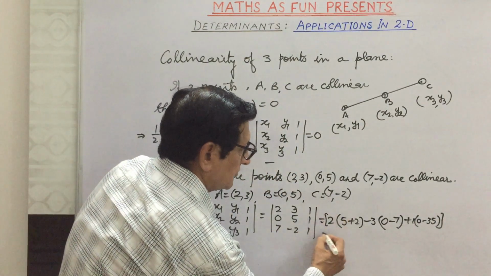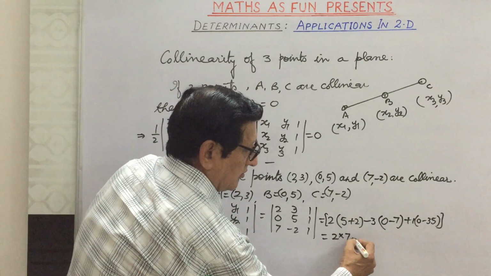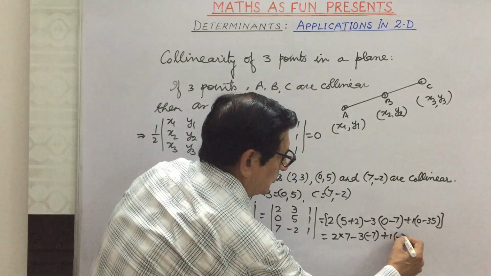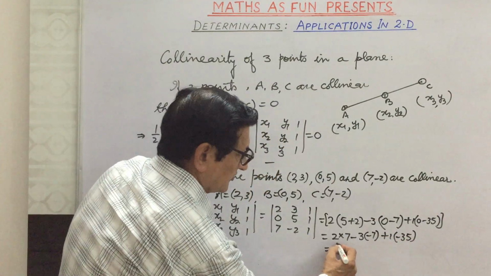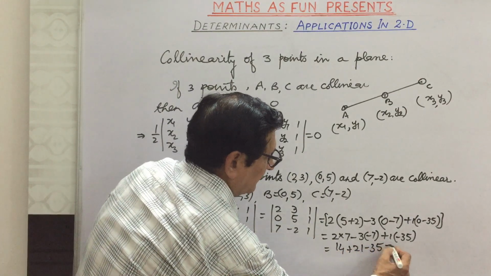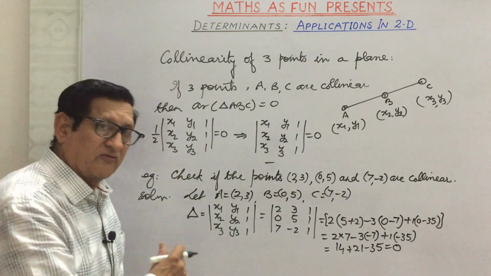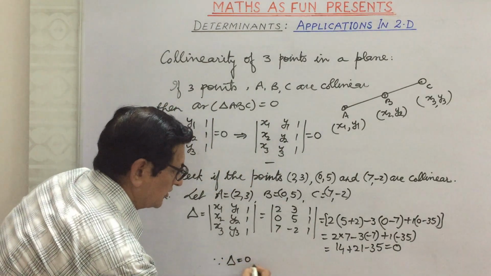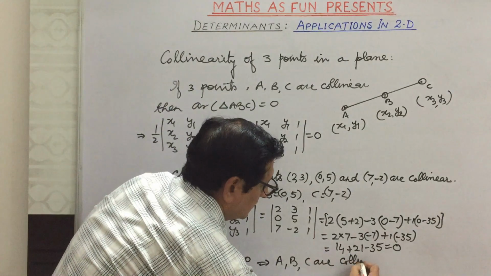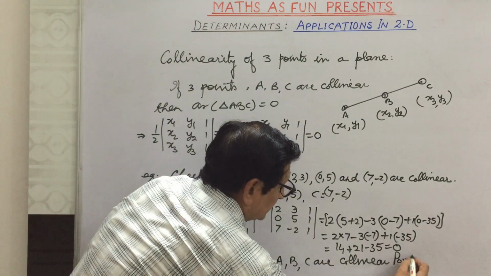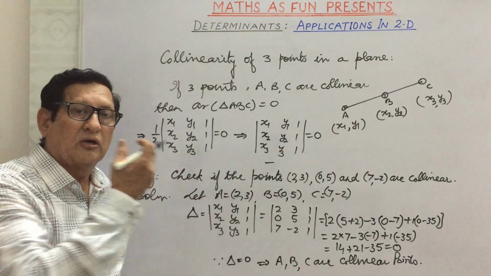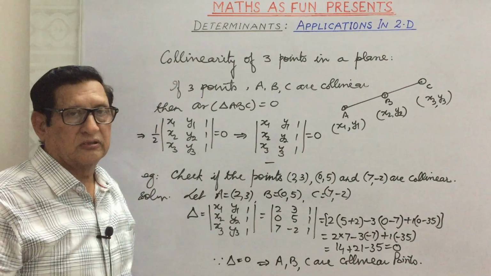This gives us 2 into 7, minus 3 into minus 7, plus 1 into minus 35. It is 14 plus 21 minus 35, which is equal to 0. And then we can write, since delta is equal to 0, this implies that A, B, C are collinear points. So like this we can find out whether the points are collinear or not by applying the determinant.